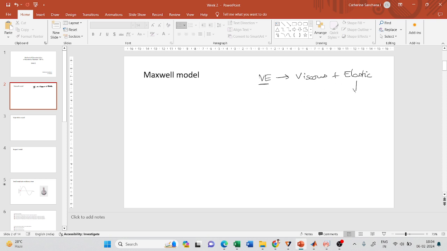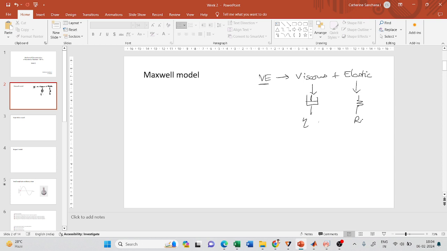So, to bring out the elasticity of the material, they proposed to use a spring, and to bring out the viscous nature of the material, they have proposed to use a dashpot, with a material parameter called viscosity. The spring will have a material parameter called modulus.